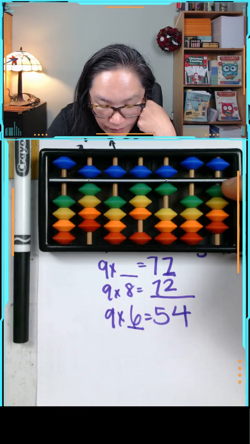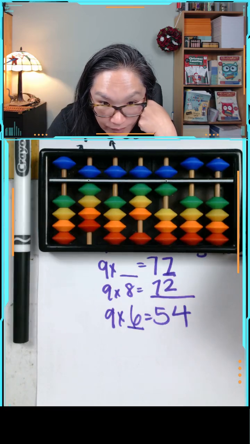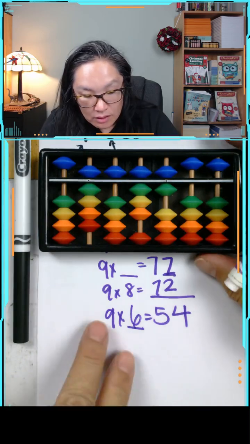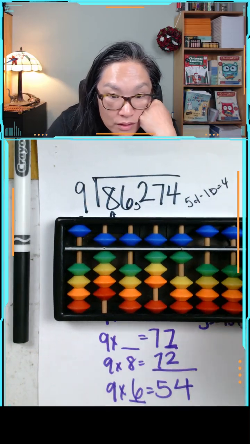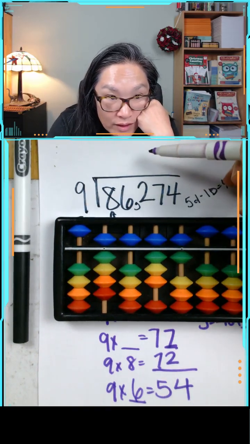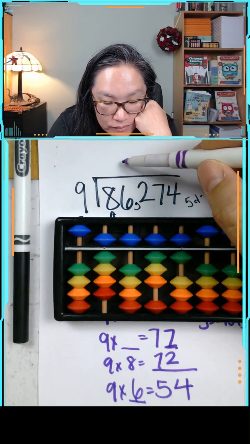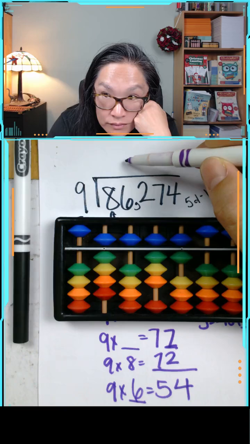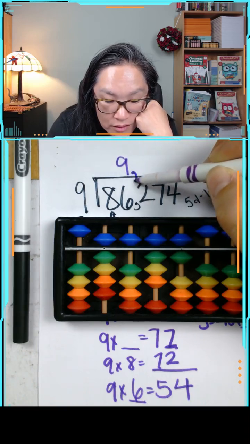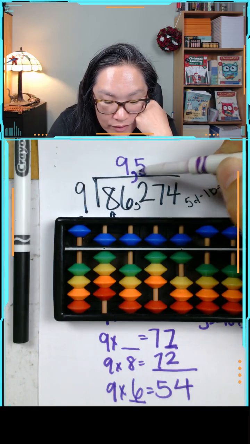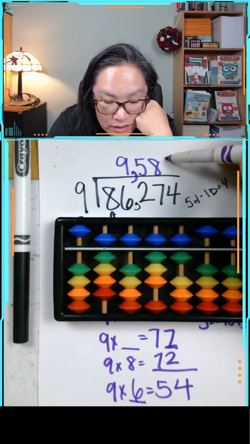Take away 4. So what's my answer? My final answer is... What's my final answer? 9,586.